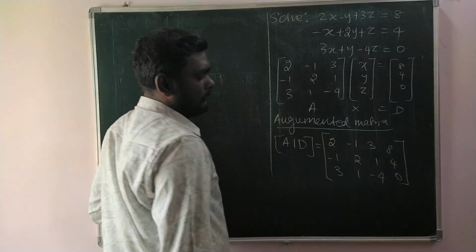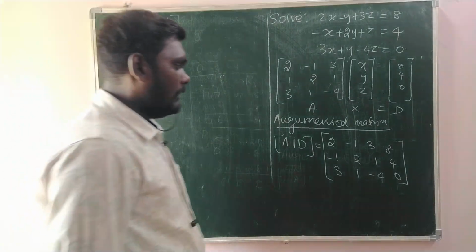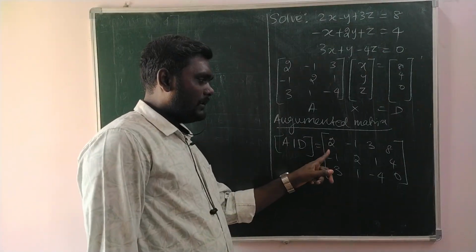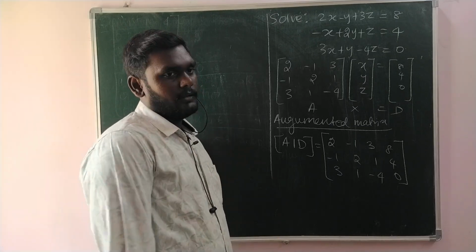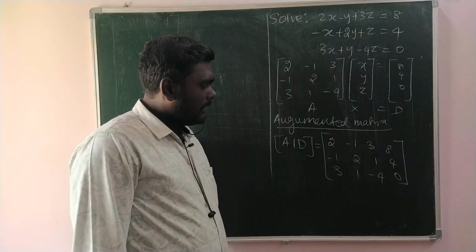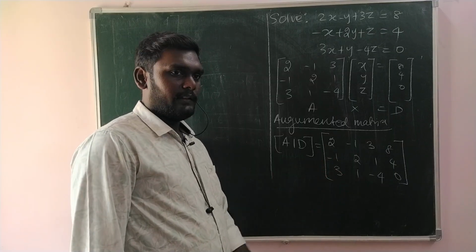Now we should find the rank of this using the echelon form. So for echelon form, if 1 is there, it will be easy, but don't go for dividing with any number. It makes the process difficult. If it is possible to make 1 here, it is easy.